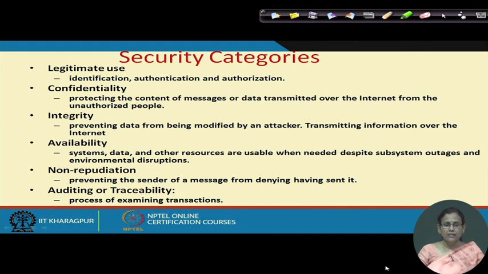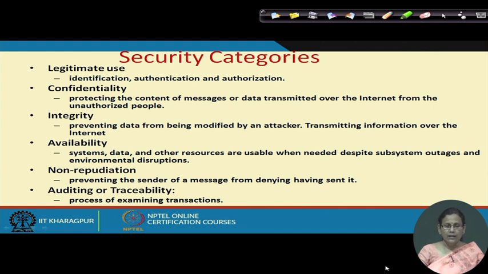This legitimate use is about identification, authentication and authorization. By identification we mean identifying some entity correctly. For example, when you log in to a system, you provide your password and you get identified.